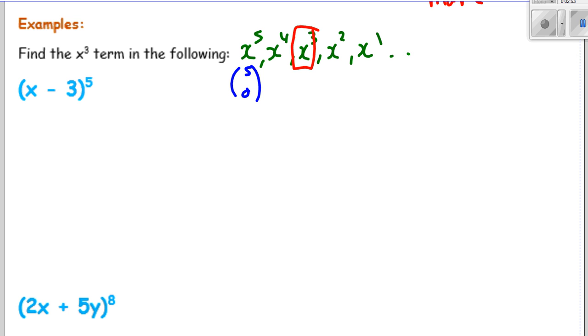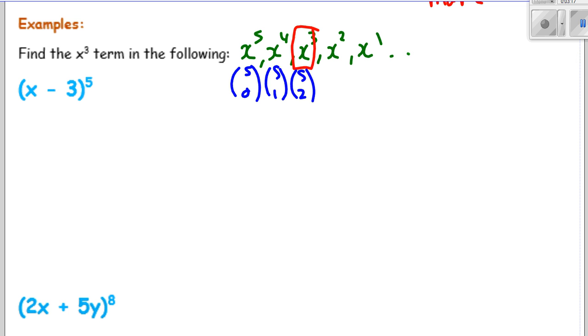The second one, the coefficient would have been 5, 1. And the third one along is 5, 2. Because if I just think, oh, it's the 3rd term along, I sometimes by accident think that it's 5, 3. But doing it this way stops me and makes me think, hang on, it's 5, 0, 5, 1, 5, 2.